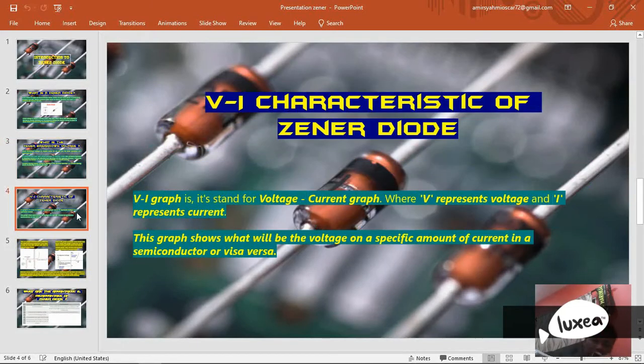So now I would like to show the graph or characteristic of the Zener diode. This graph is named the VI graph. It stands for voltage and current, where V represents voltage and I represents current. This graph shows what the voltage will be at a specific amount of current in a semiconductor.